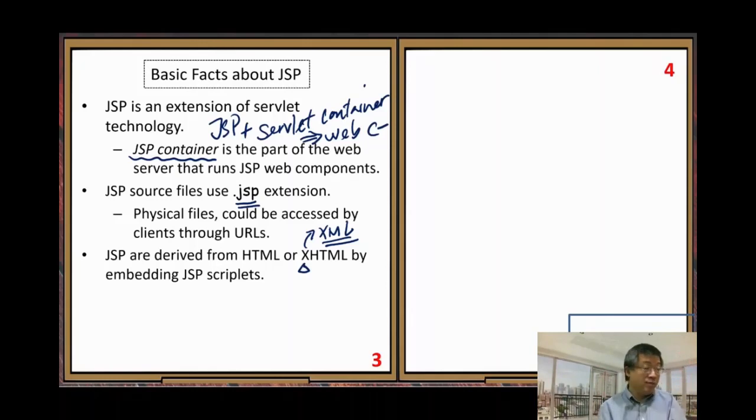That is the XML requirement: all the tags must be paired. In HTML, we do not require that. Some of the tags are not necessarily paired. Starting tag, closing tag, a pair of tags to define one element.